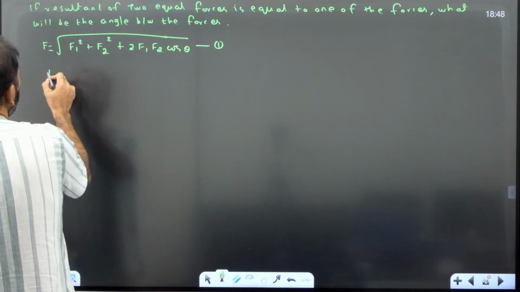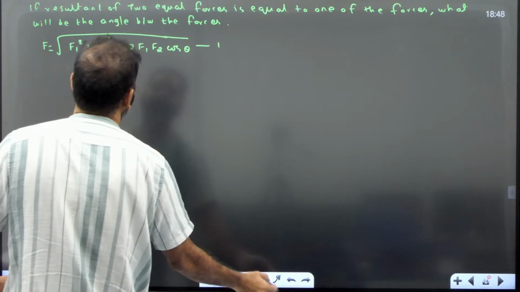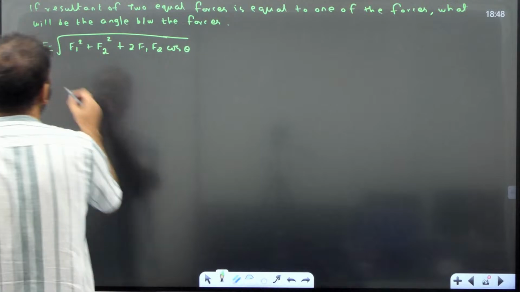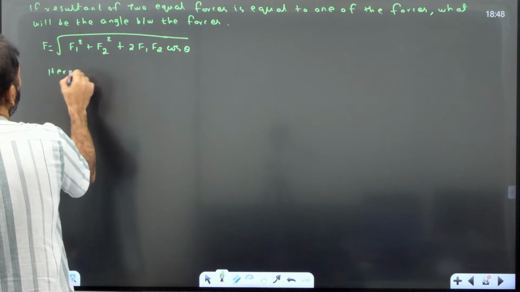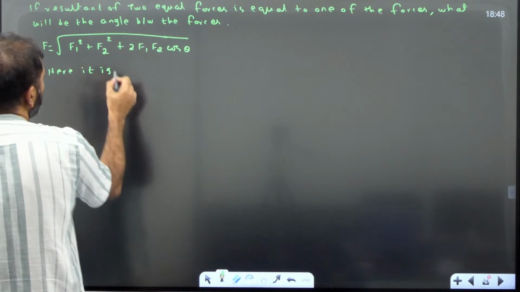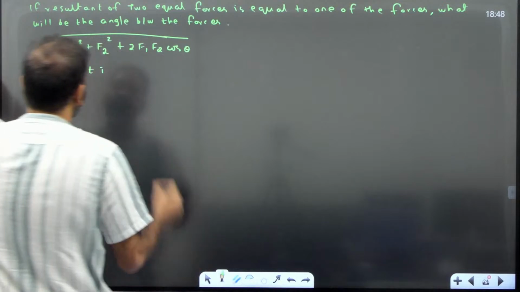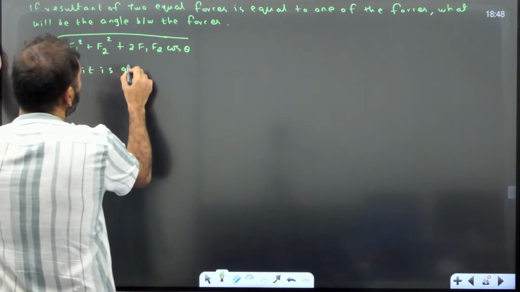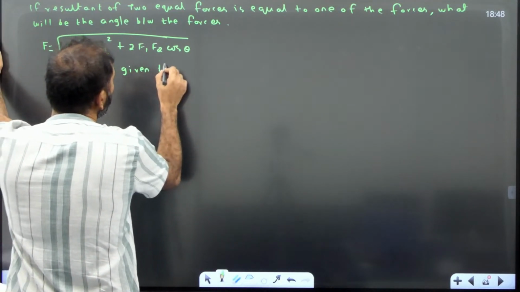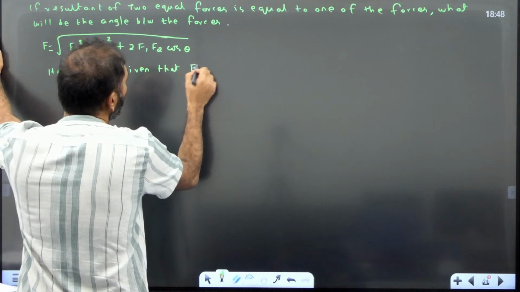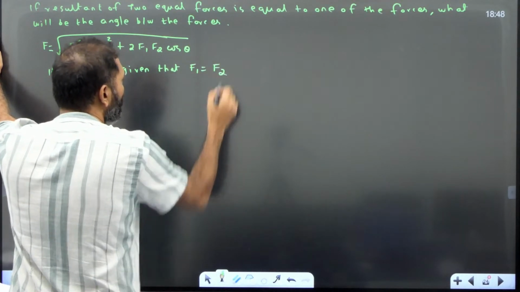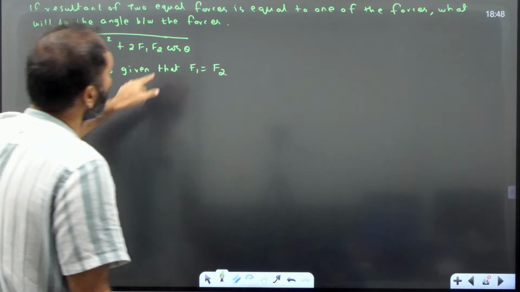Here it is given that the forces are equal, that means F1 equal to F2.